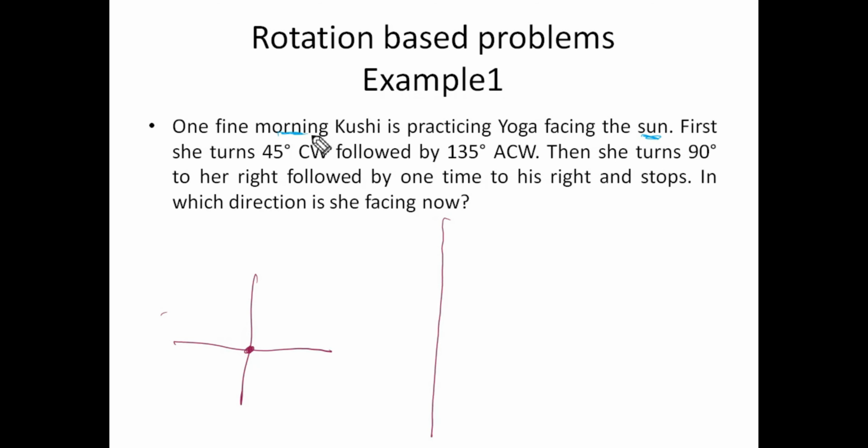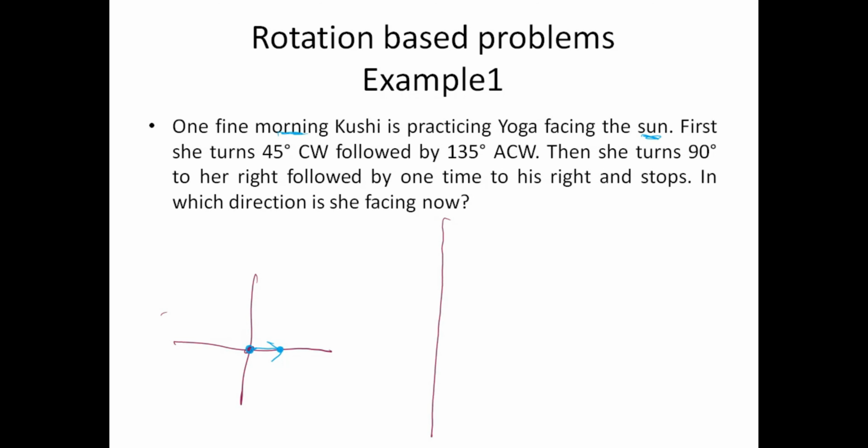In the morning she is facing the sun, means she is facing which direction? Yes, she is facing east. So Kushi is in this location and she is facing east. From there she started rotation. So first she turns 45 degrees clockwise.